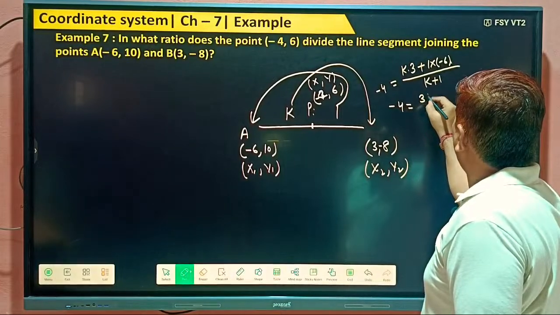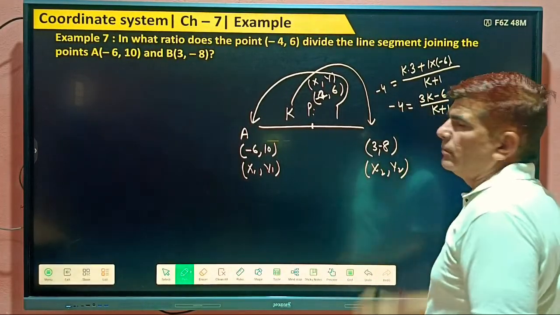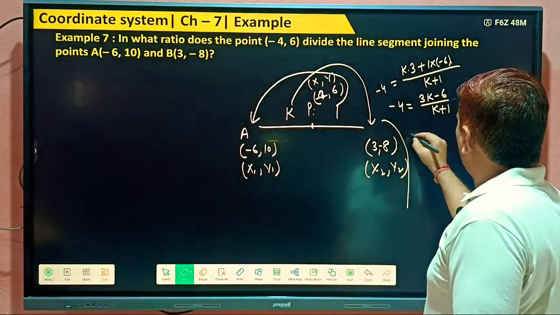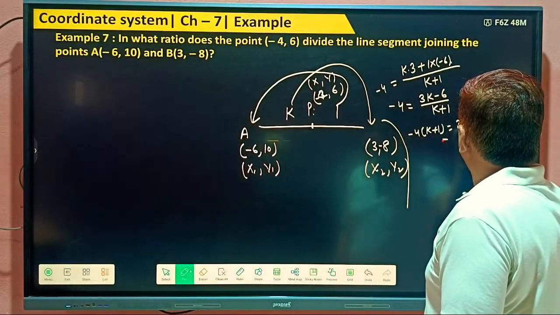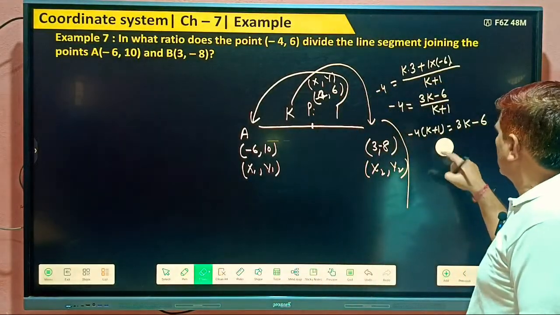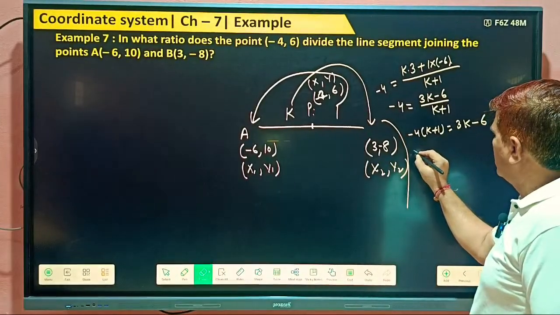So minus 4 equals (3K minus 6) by (K plus 1). Got it or not? So here minus 4 (K plus 1) equals 3K minus 6. Solve it. What does it become?